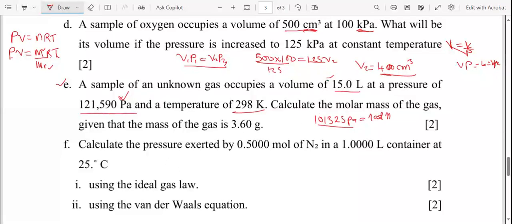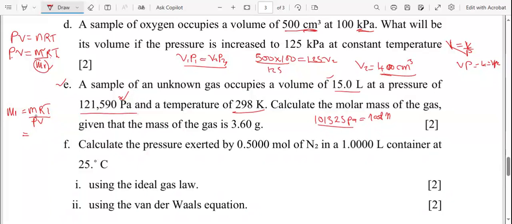Once we have that, we can punch on our calculator. We are looking for the molar mass, M, RT over PV. When that goes there, it becomes PV. That's how we actually work with this.